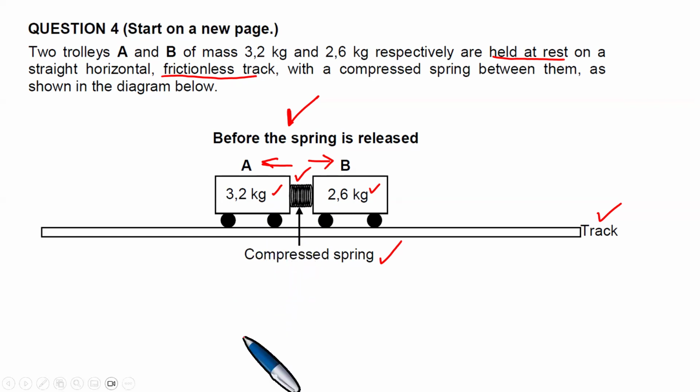Because now if we choose to the right as positive, then on trolley A, the force will be to the left, making it negative.